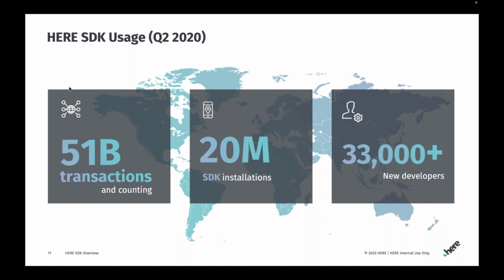We have 20 million SDK installations and 33,000 new developers were added since then. So that is the compounded information that we have. You can see the growth that we have already and the reach that we have had already within the 2 years.